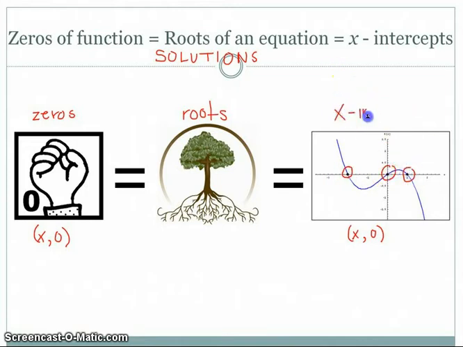We call those x-intercepts. So this is the graphic interpretation of find x when y is 0. So these three things are equivalent to each other: zeros, roots, and x-intercepts. And all of these ideas basically lead us back to find the solutions. So when you see these four words, know that you can use them interchangeably.